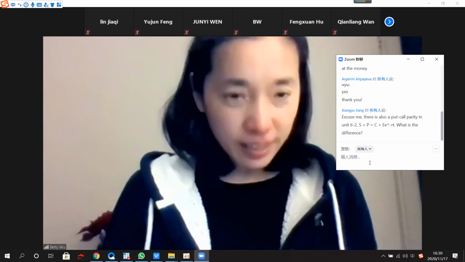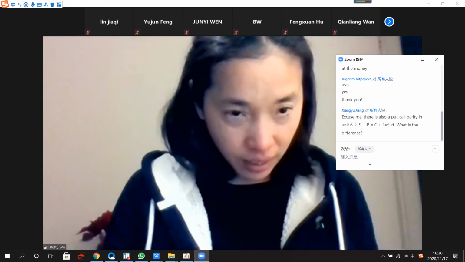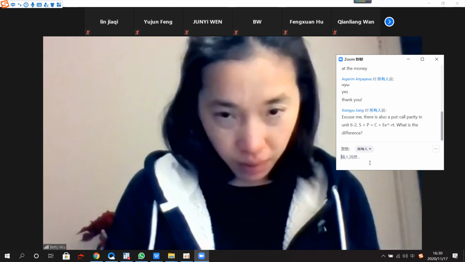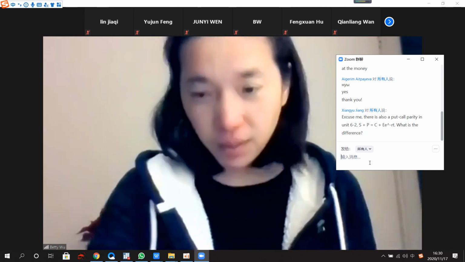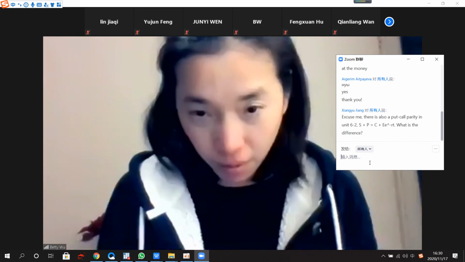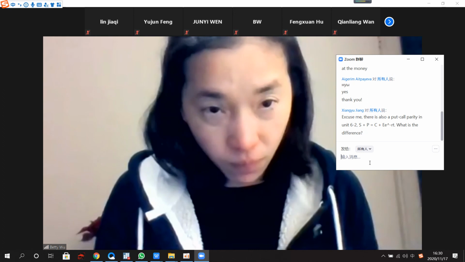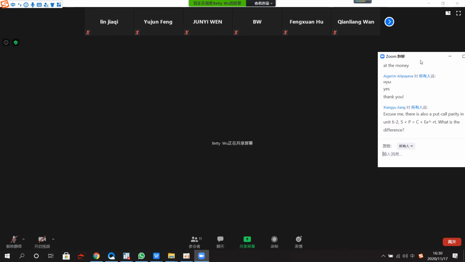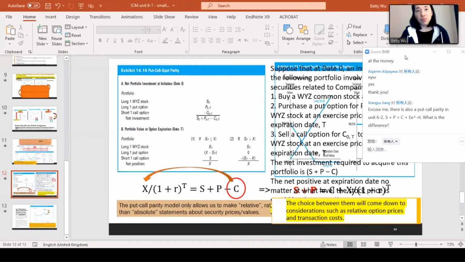If you look at here, the put parity. Let me get rid of this. Let me share again mine very quickly. I think that's a very good question. So what do you think? What's the main difference?